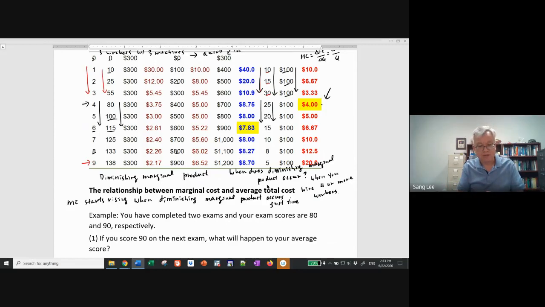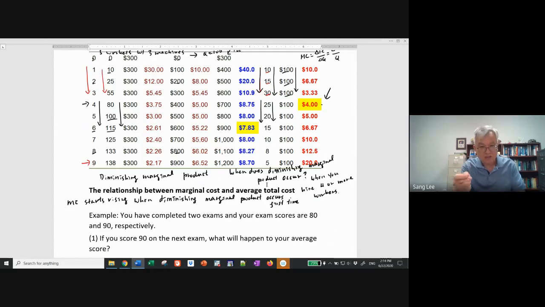So when you keep adding more and more workers, the additional output you get from an additional worker is marginal product. And when does marginal product start falling? When you have too many workers relative to the number of machines.